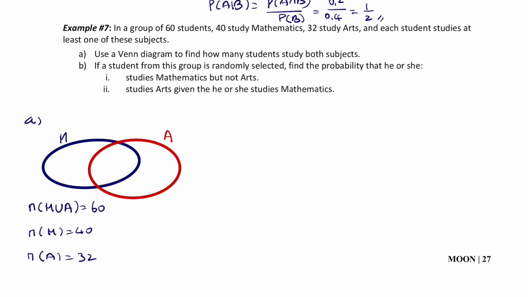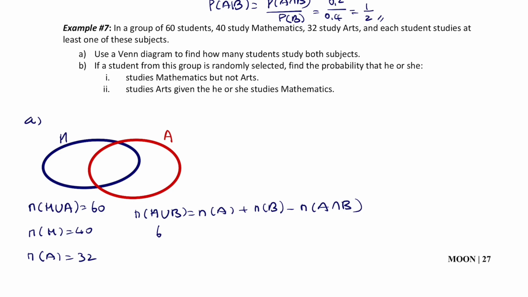Then using these variables with the formula N A union B is equal to NA plus NB minus N A intersect B, we can find that intersecting value, right?